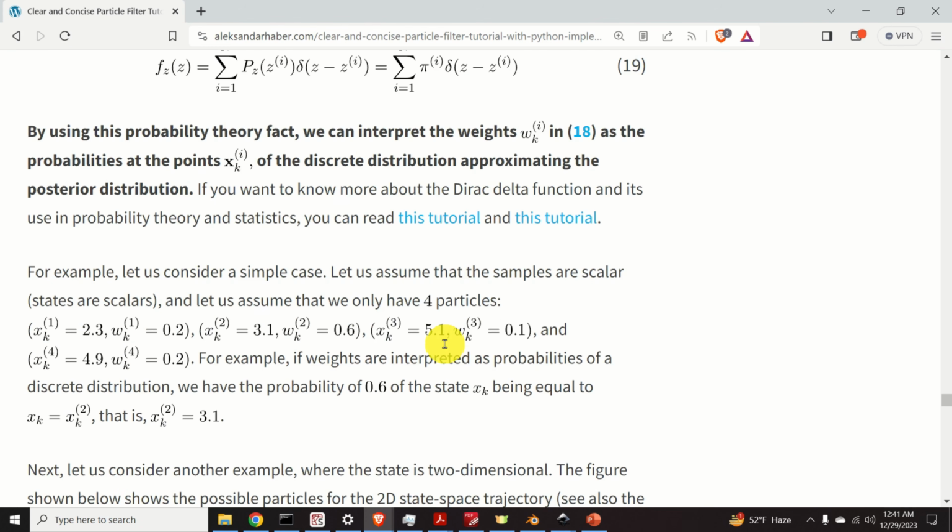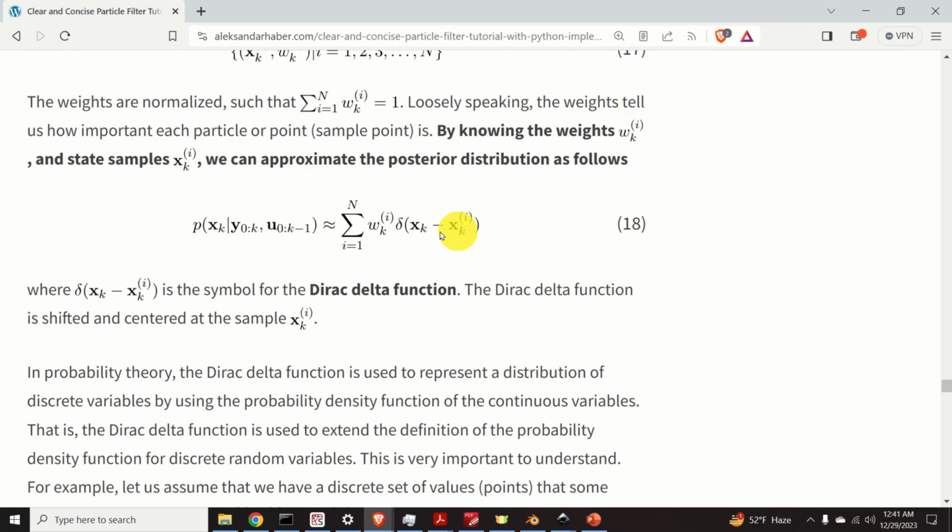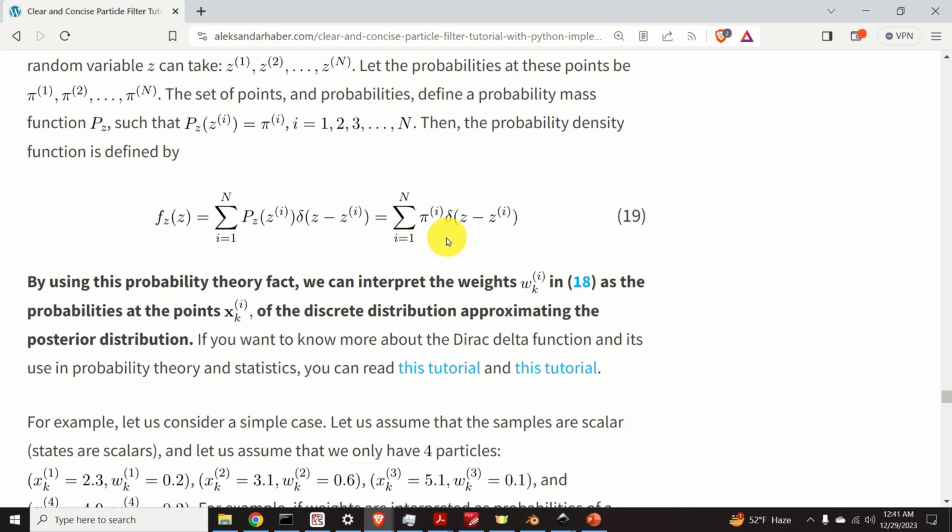Now, by using this probability theory fact, we can interpret the weights wk with the superscript i in this representation. We can conclude that the weights can be interpreted as probabilities at the points xk with the superscript i of the discrete distribution that approximates the posterior distribution.